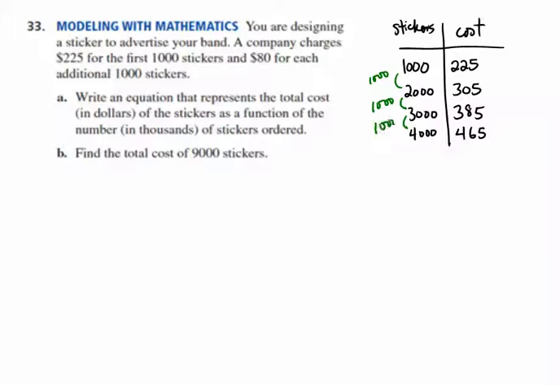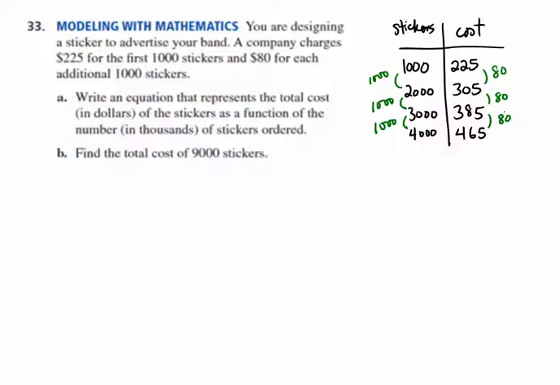Now, once we have this, we can do what we've always done, and that is to find differences between pairs of points. So the sticker numbers are going up by 1,000, where the cost values are going up by 80. And so our slope, we can see the slope between every pair of points is the same.